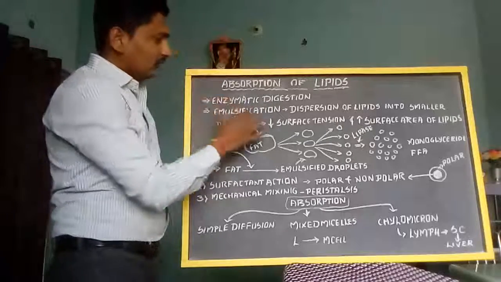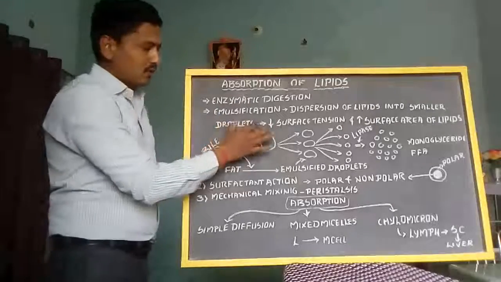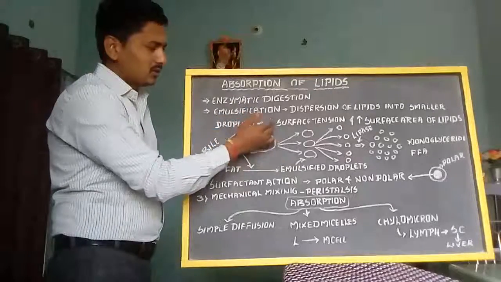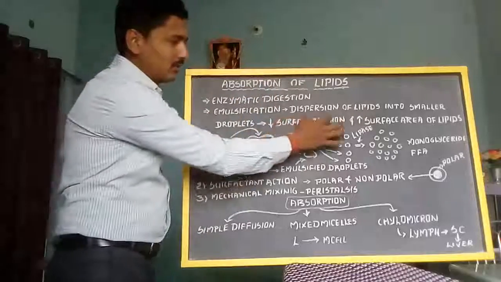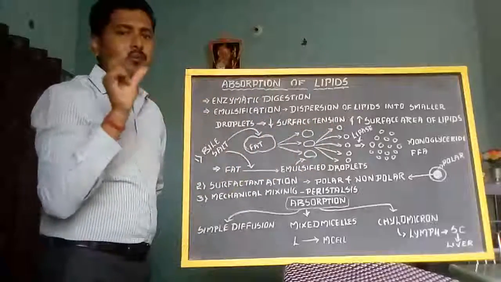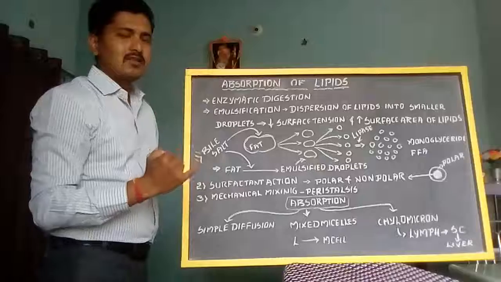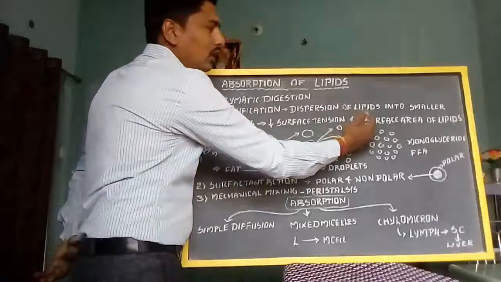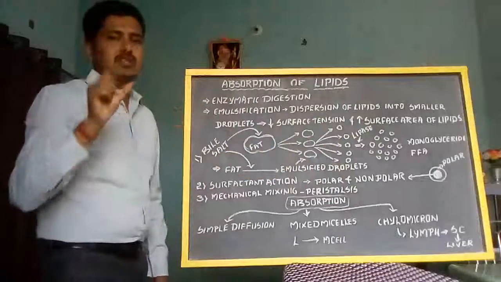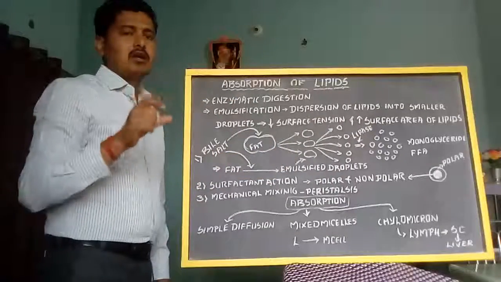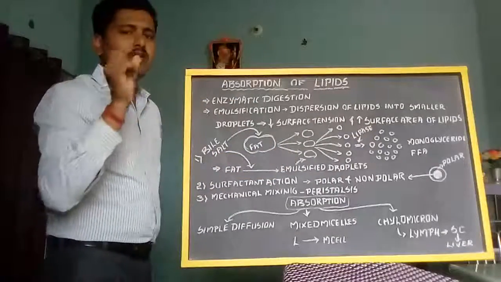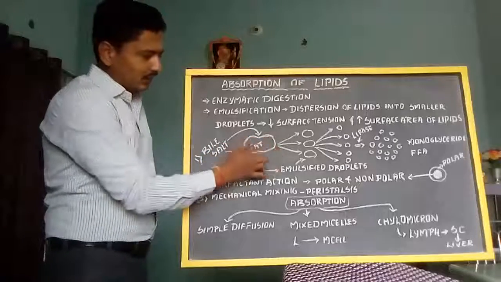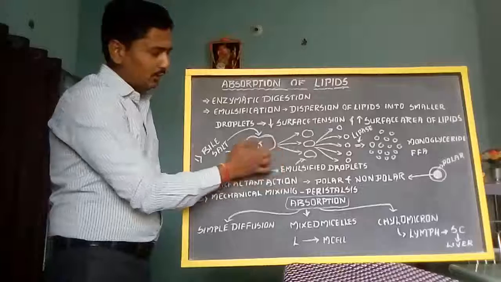This dispersion or emulsification process is carried out by decreasing the surface tension of the lipid molecule, and along with this it increases the surface area of the lipid droplet. Looking at this picture, this is a big molecule of fat.